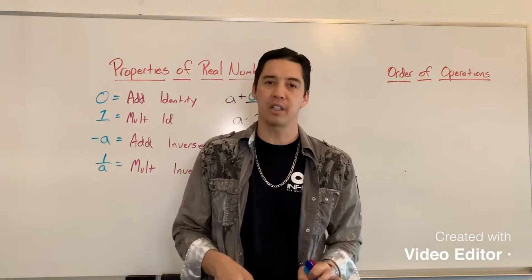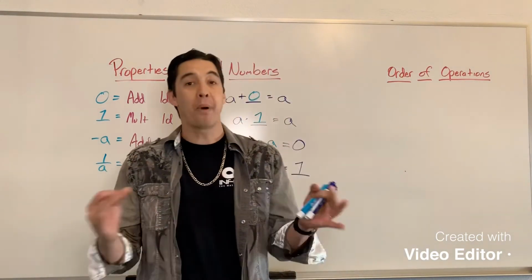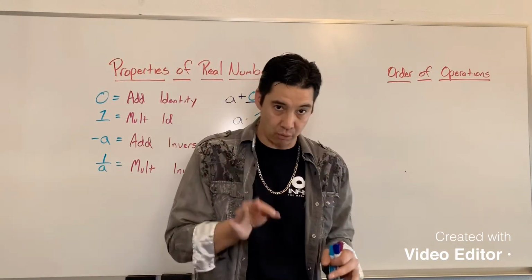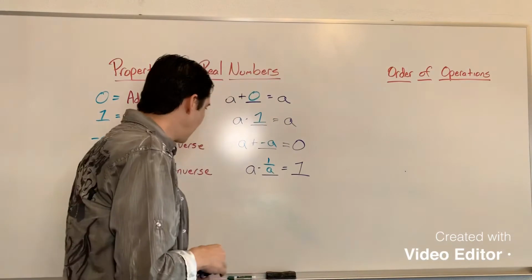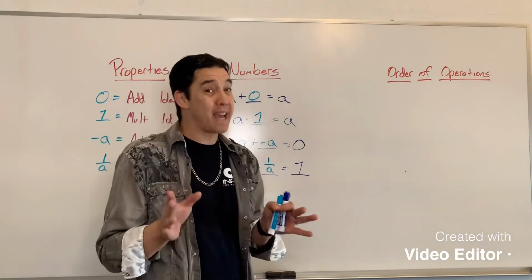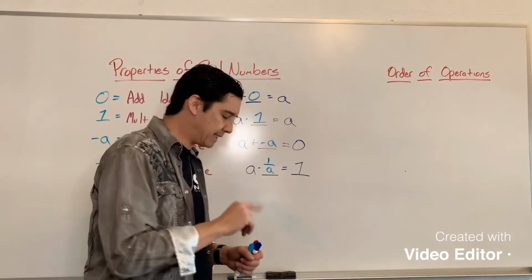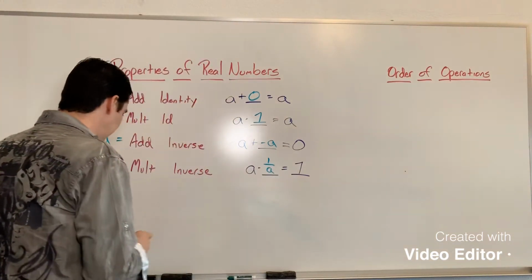There's a couple others that you're not going to need right away, but while you're taking notes and understanding properties, I'm going to tell you these 3 last properties really quick. Because they're properties that you may or may not have been using and you don't even understand why you can. The reason you can is because of these properties.